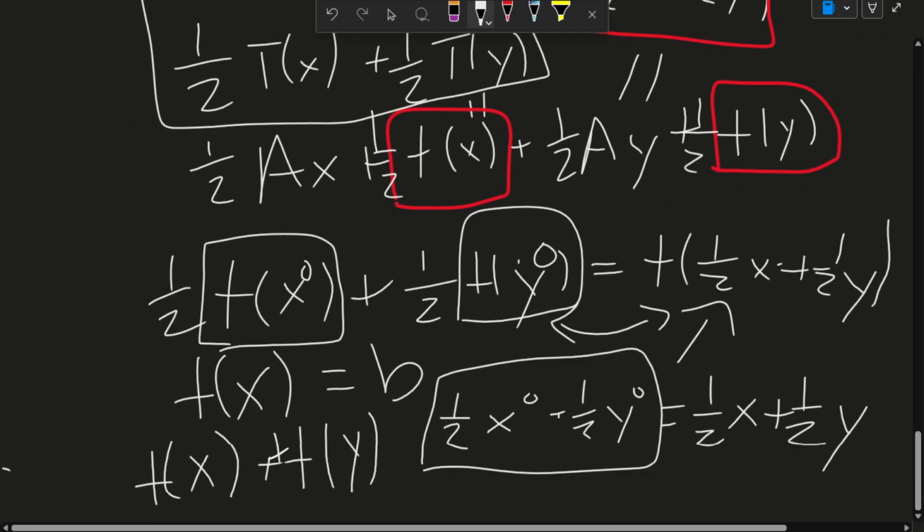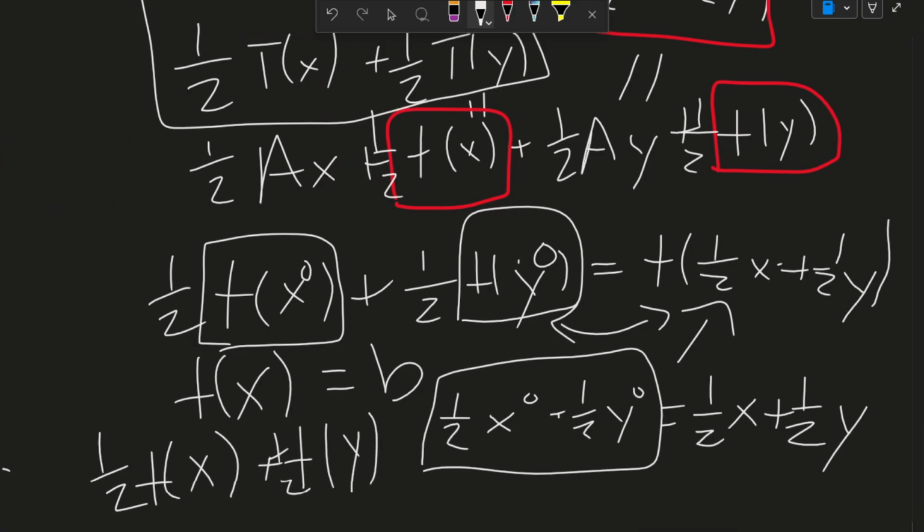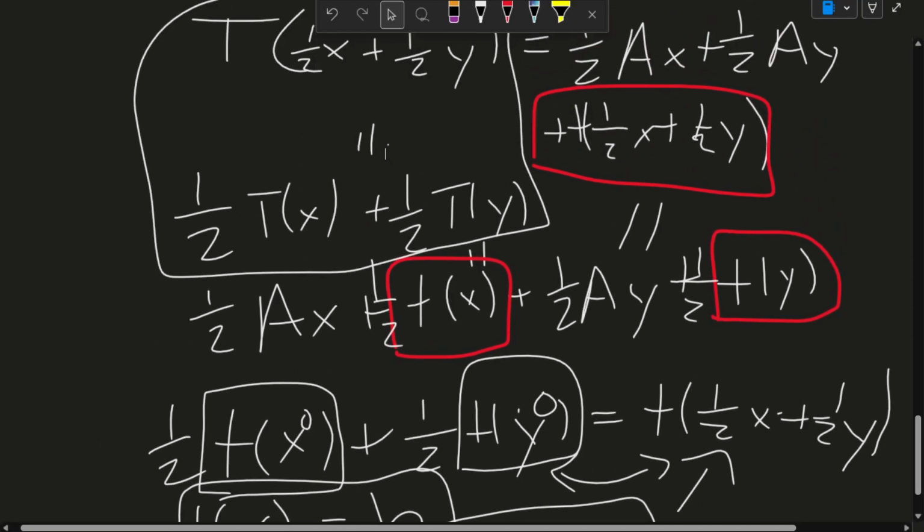And if you work out the math, it turns out that the only function that will do the trick here is going to be assuming that this function actually just constantly outputs b. And that will be a homework problem to show that. But I hope that makes sense a little bit, right?